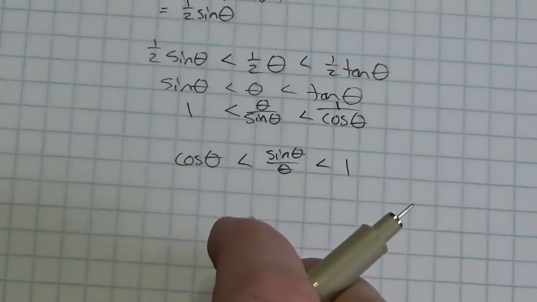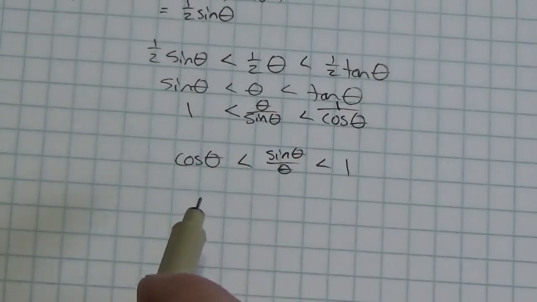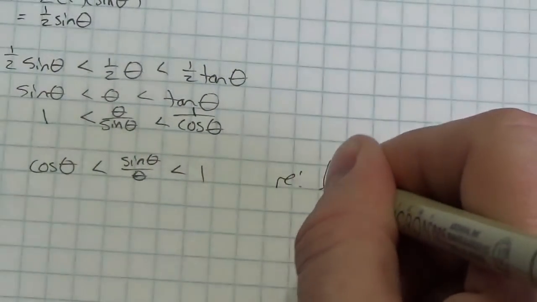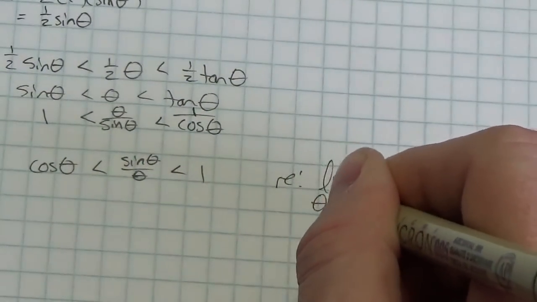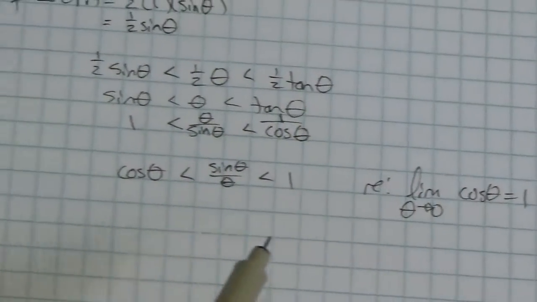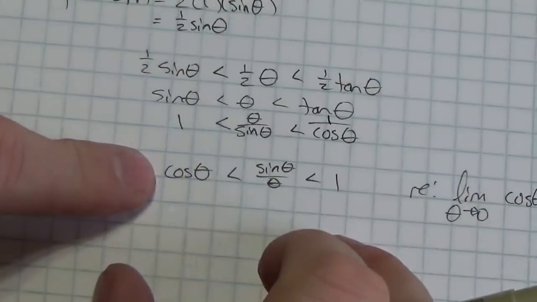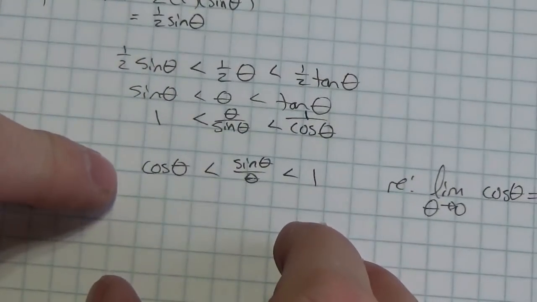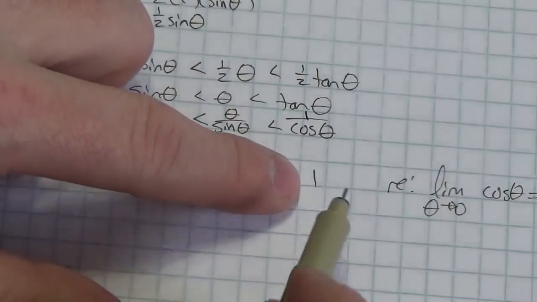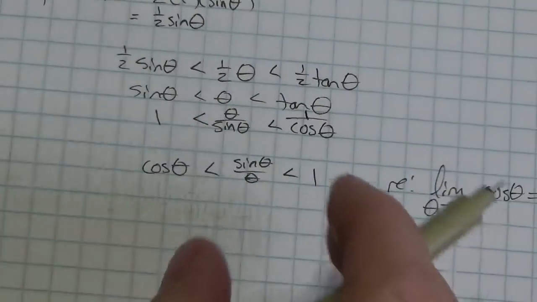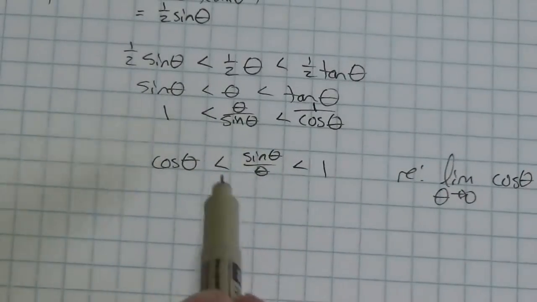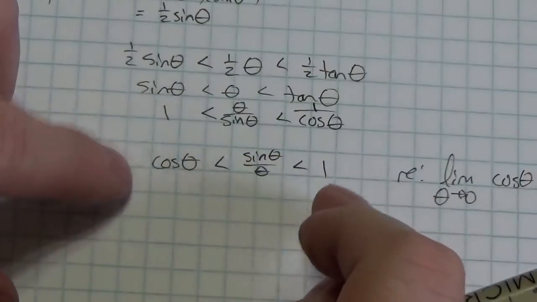And remember that when I take the limit, recall that the limit as theta approaches 0 of the cosine of theta is going to equal 1. So if I now take the limit as theta goes to 0, this goes to 1, and my constant function is always going to be 1, so it won't change.